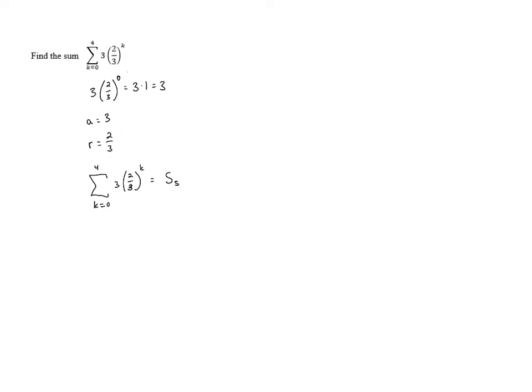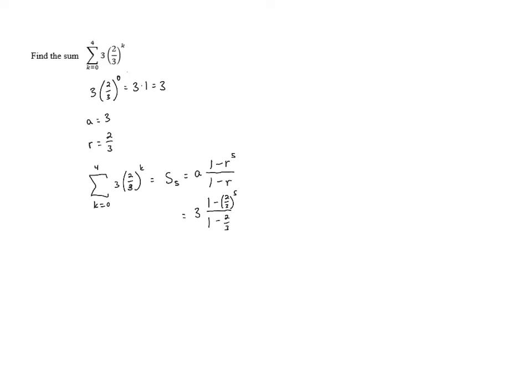So we're going to use the formula for the partial sum. We've got a times 1 minus r to the fifth, because we want the fifth partial sum, all over 1 minus r. Now we know a here is 3, so we've got 3 times 1 minus 2/3 to the fifth, all over 1 minus 2/3.